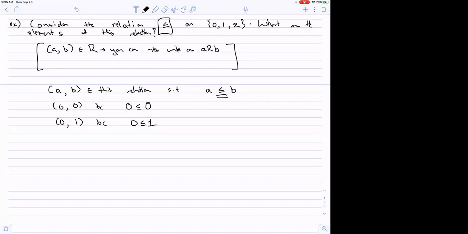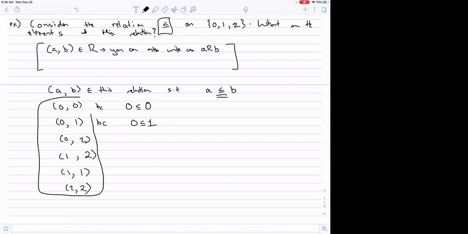Zero, 2, and 1, 2. Yeah, 0, 2, that's good, and 1, 2. And there are two more. Then 1, 1, and 2, 2. Yeah, exactly, 1, 1 and 2, 2. So these are all the elements of the less than or equal to relation on 0, 1, 2.